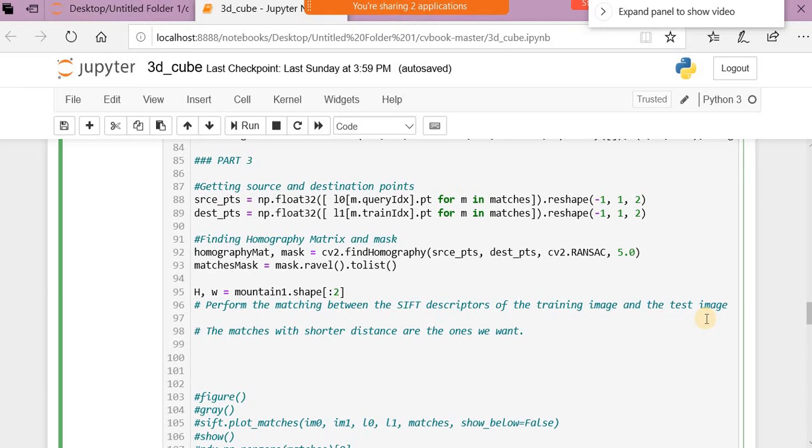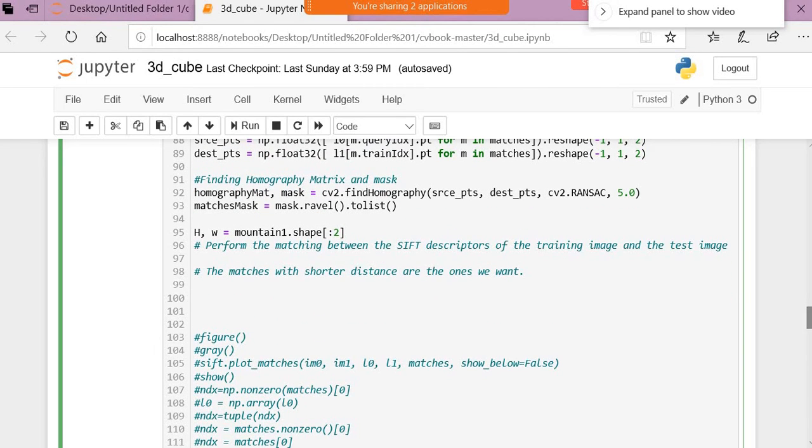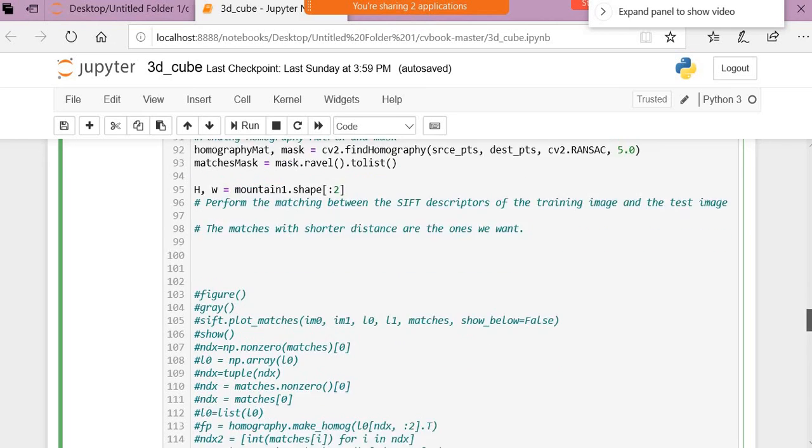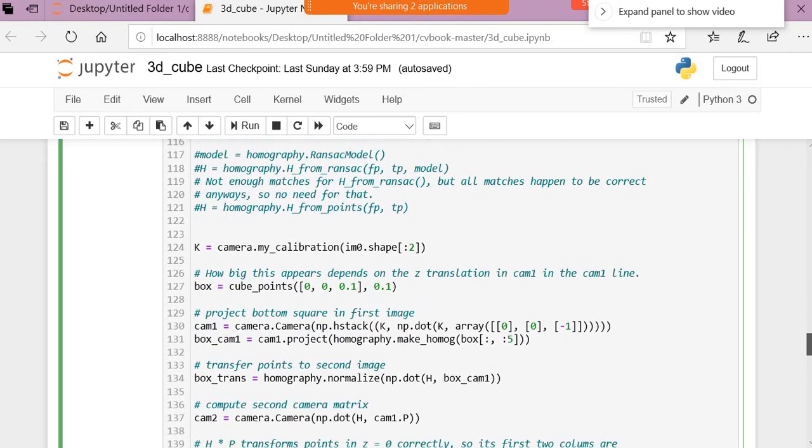Now I have to pass the source and destination points with the use of the RANSAC algorithm. RANSAC provides more accurate fitting and mitigates the error from overfitting. That's why, in order to make a perfect model, I use the RANSAC algorithm as a parameter inside the find homography method. Then my homography matrix will be calculated.